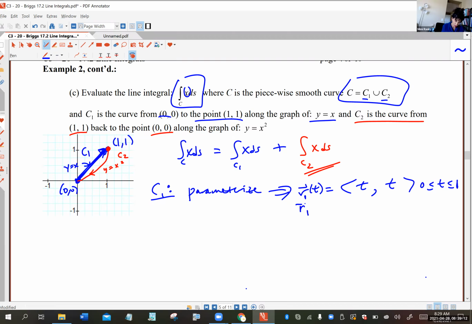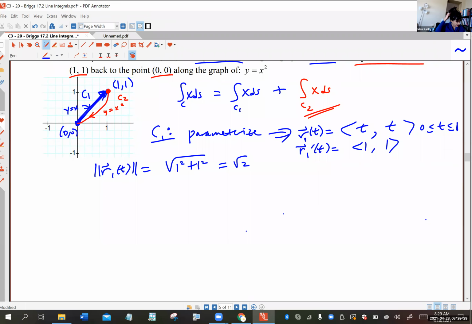Now we're going to get r1 prime because we need that for the arc length element. And then we can immediately get the speed here, the square root of the sum of the squares, and that's just going to be square root of 2. Is it always a constant? No. But in this case, it is. And so it's nice. The integral over C1 of x ds becomes a regular integral evaluated between the limits of 0 and 1. x gets replaced with the x component of your vector valued function, that's just going to be t.